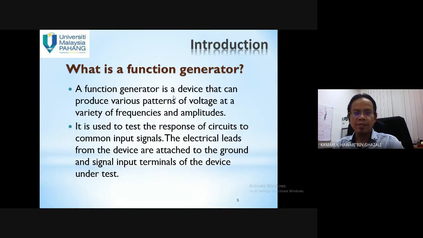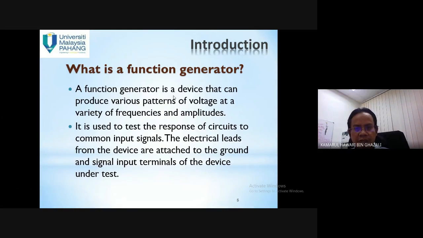So what is a function generator? A function generator is a device that can produce various patterns of voltage at a variety of frequency and amplitude. It is used to test the response of circuits to common input signals.